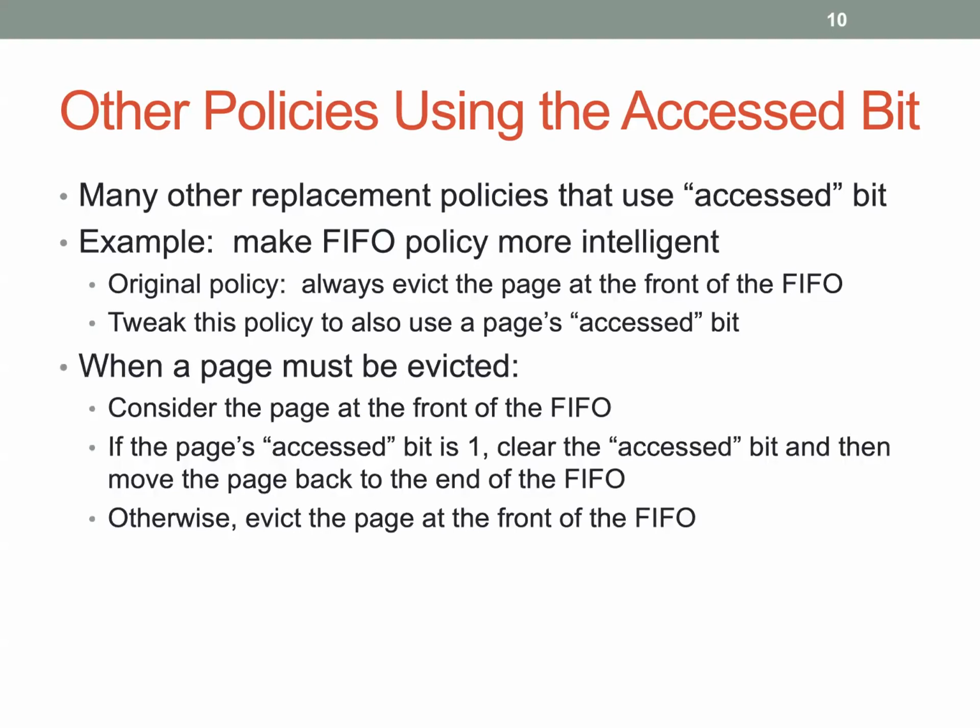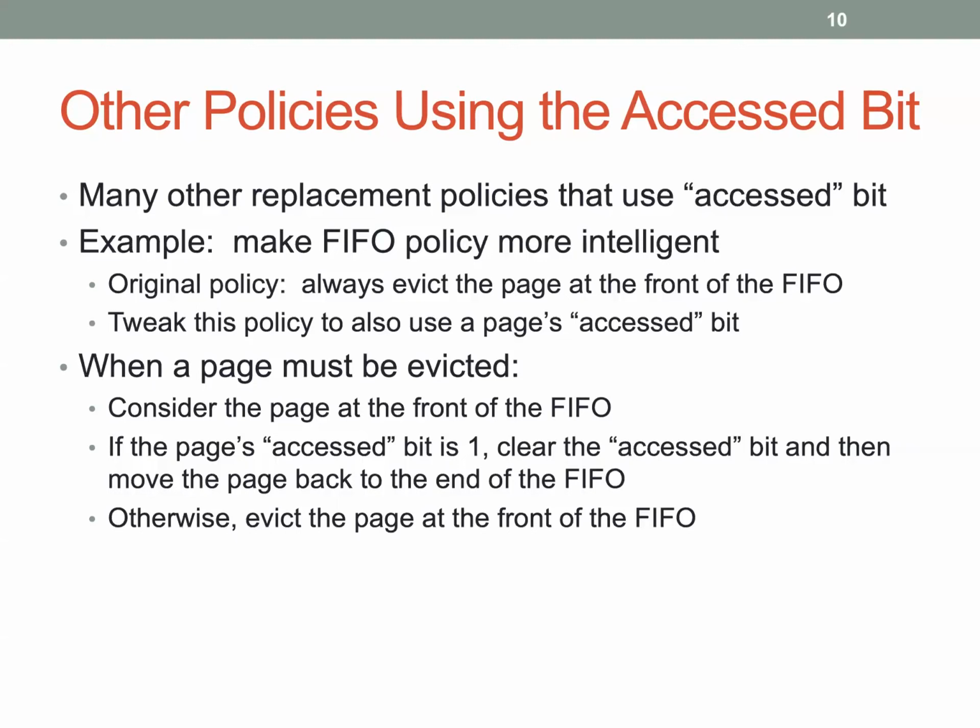And so what we'll do is when we want to evict a page for FIFO, we will look at the page's access bit. If the access bit is 1, then we say, you know what? You are actually used in the time that you've been in the queue. So we'll go ahead and clear your access bit and move you to the back of the queue.